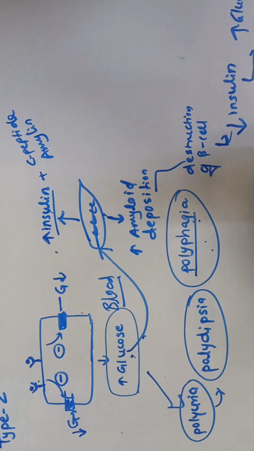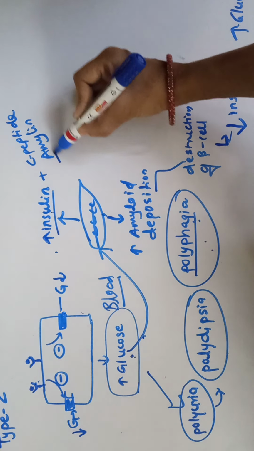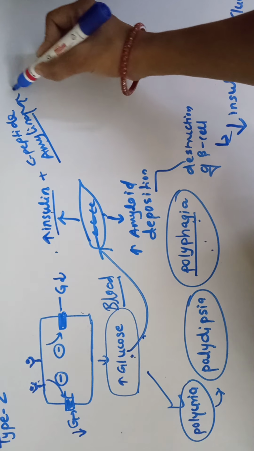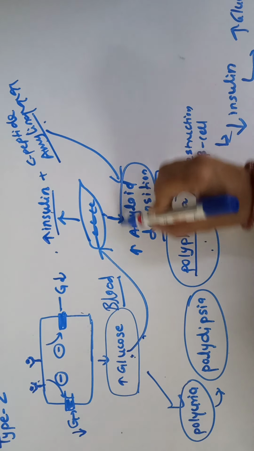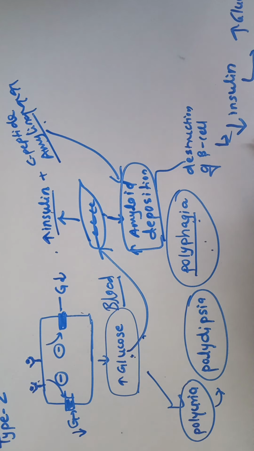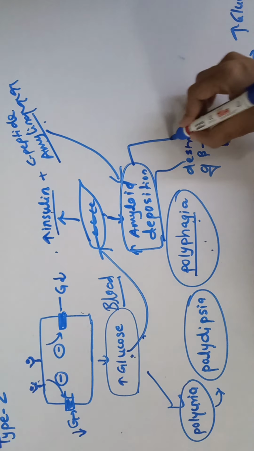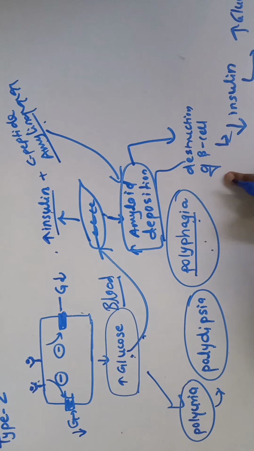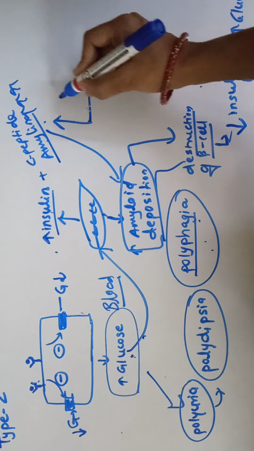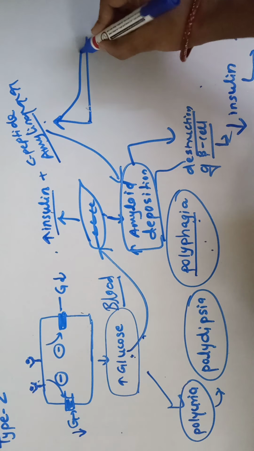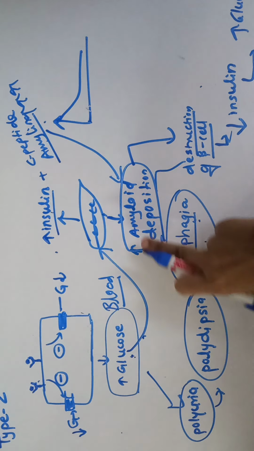Because of this high insulin production, amylin production also becomes high, and because of this there is amyloid deposition in beta cells, which leads to destruction of your beta cells. As a result, as beta cells are destroyed, the insulin which was initially high in concentration decreases because of this amyloid deposition.